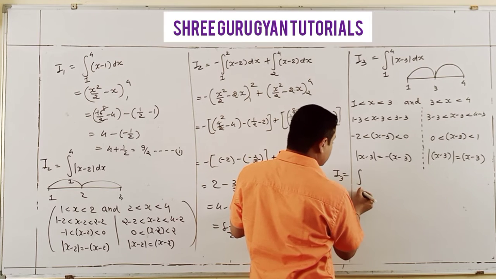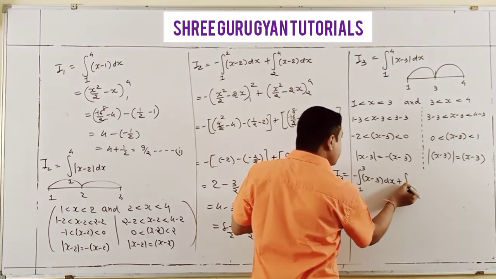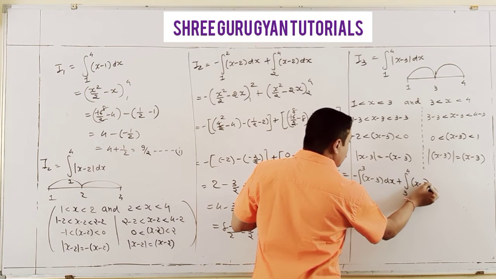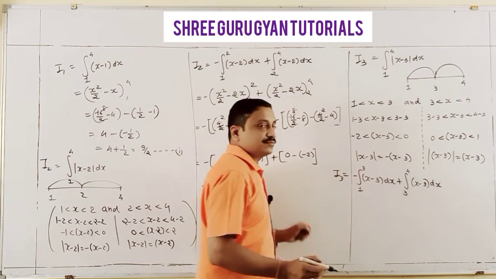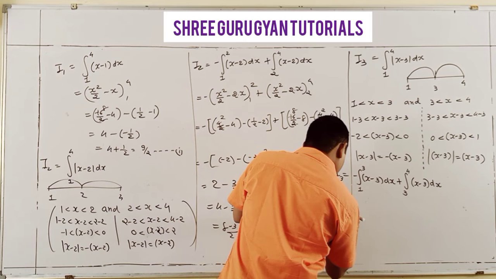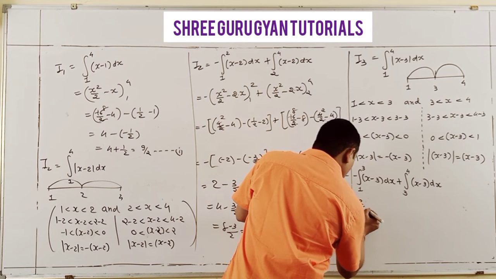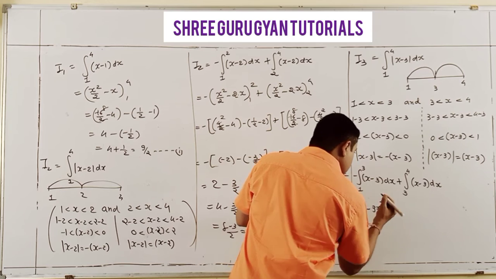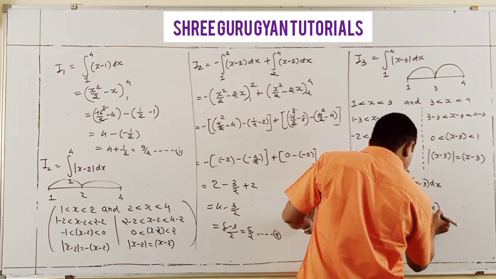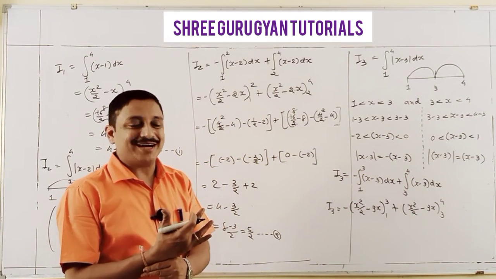I3 is your 1 to 3, and second your 3 to 4, and create your solution systematically. So integration: x square by 2, 3x, 1 to 3. Next, x square by 2, 3x, but 3 to 4. Now wait for the answer.